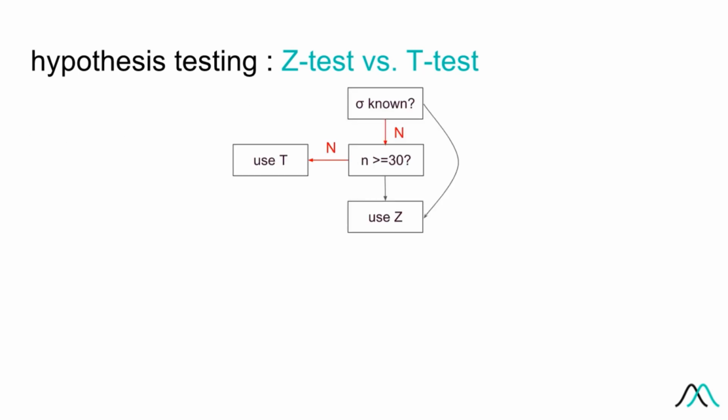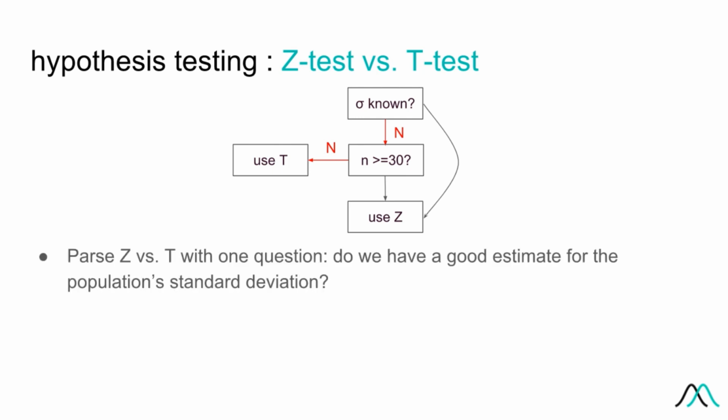Technical points aside, let's focus on how we know when to use a z versus t-test. And this actually hinges on just one question. Do we have a good estimate of the population standard deviation? Well, first, if sigma is known, yes, we have the best estimate available, the true number, so we can use a z-test.